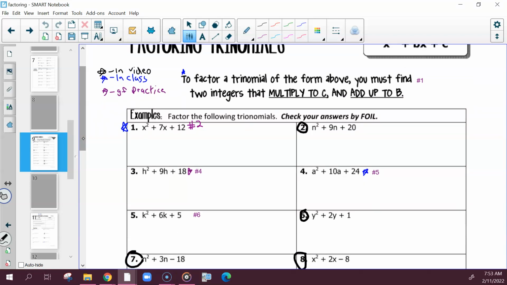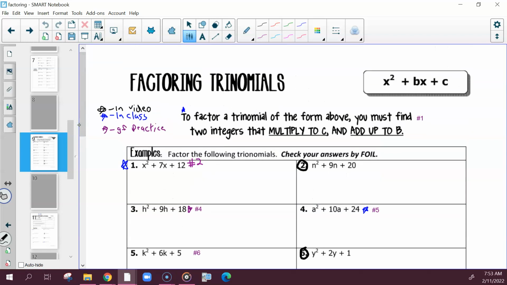So what we've done so far: we factored by GCF, we factored by grouping, using GCF but doing it twice, and factoring by difference of squares, or DOS, to find when you have perfect squares, to include finding GCF and then finding difference of squares. This is not really any of those. This is a different type of factoring.